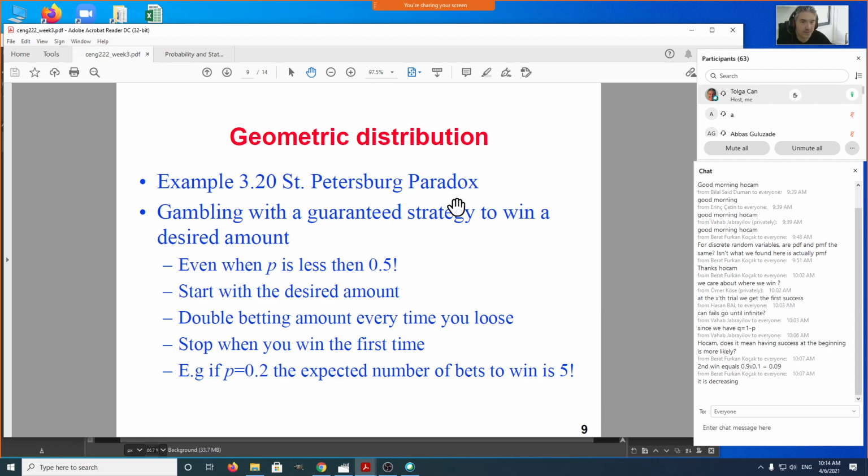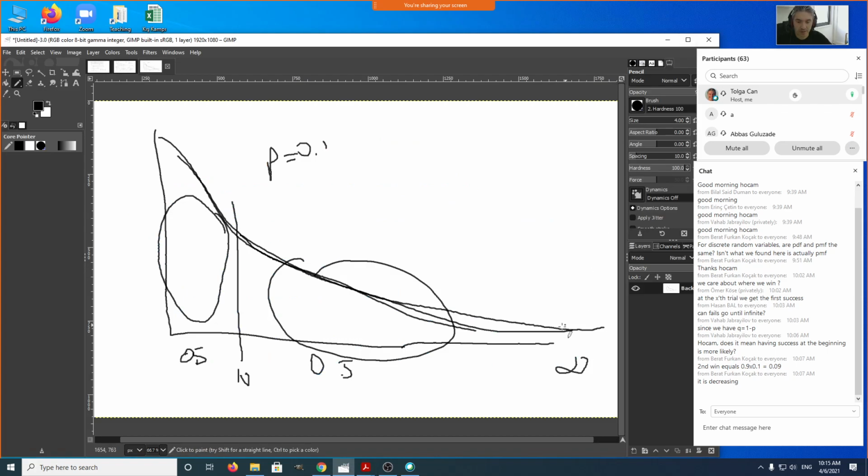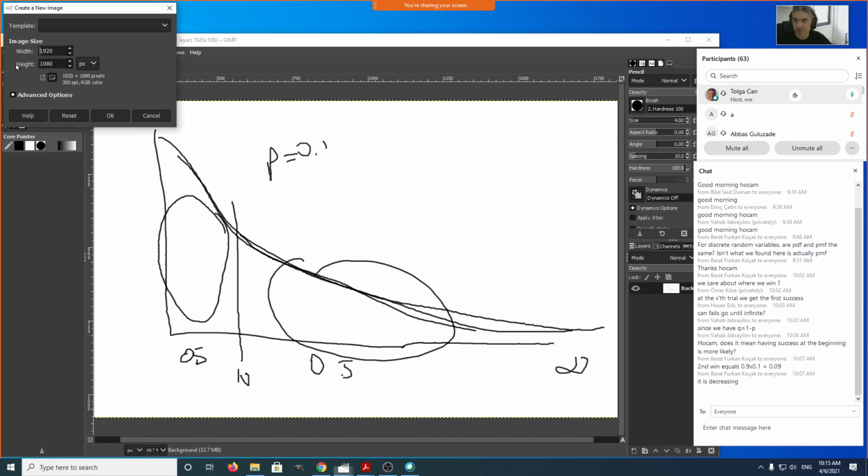Depending on what your success probability is, it may be 0.1, 0.05. This is a guaranteed winning strategy. Let me describe this paradox to you and what it's going to be.